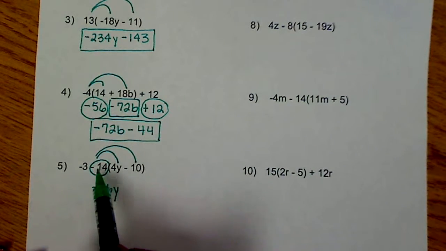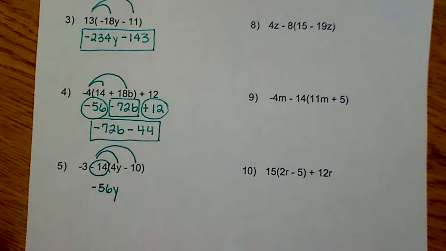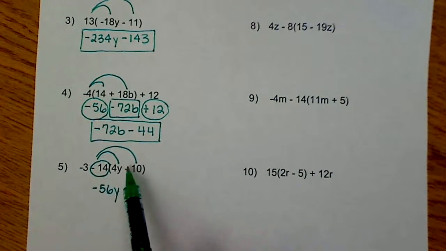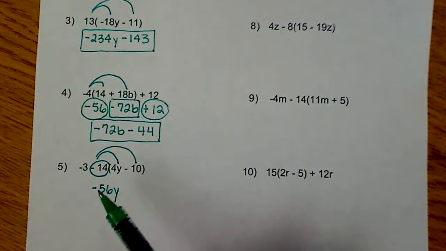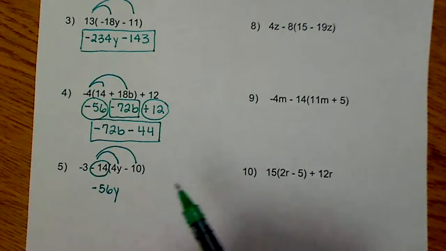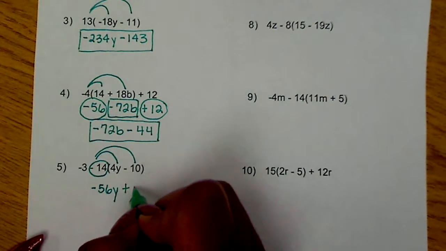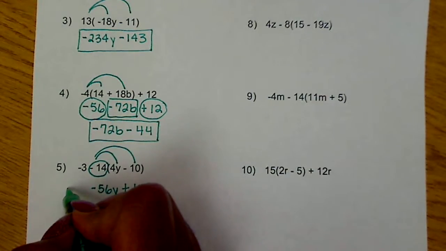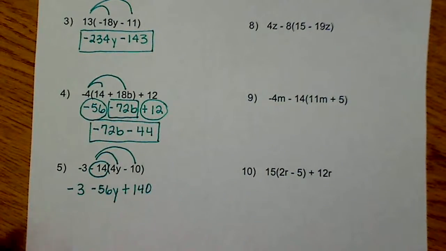And then negative 14 times negative 10 is what? But what if I'm multiplying two negatives, what is the result? All positive. That's correct. In multiplication, if both signs are negative, the result is a positive number. So negative 14 times negative 10 is positive 140. And then I still have my negative 3 in front.